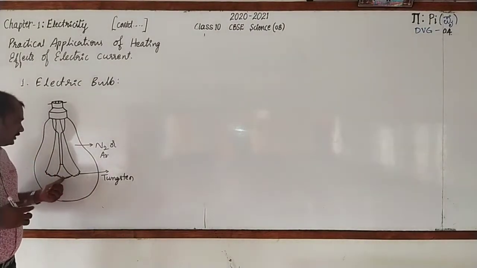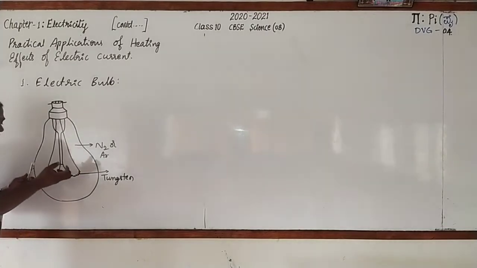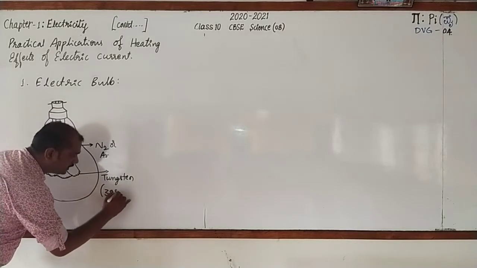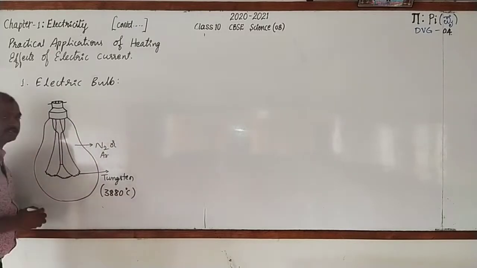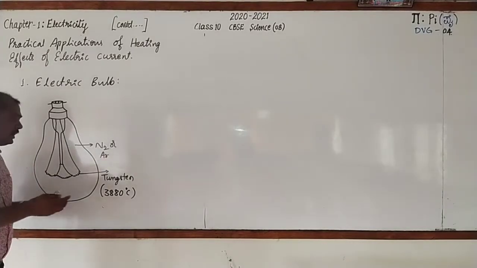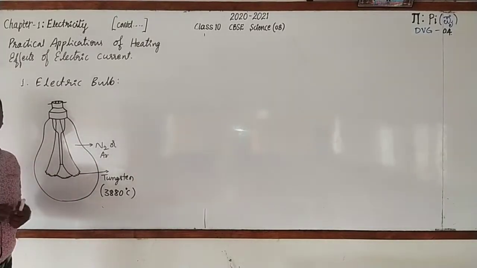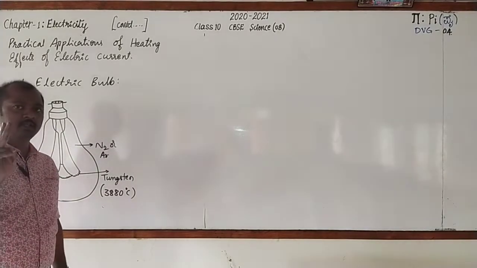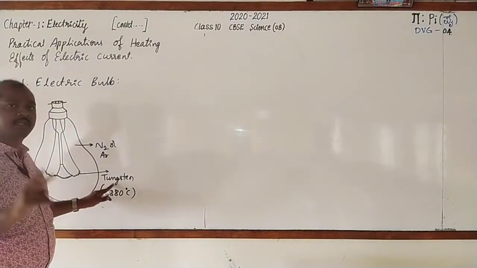Got it? Then when it receives the current, it gets heated up to 3880 degrees Celsius. So then it does not melt even at this high temperature, because its melting point is high. Clear? These are the 2 important properties of tungsten.